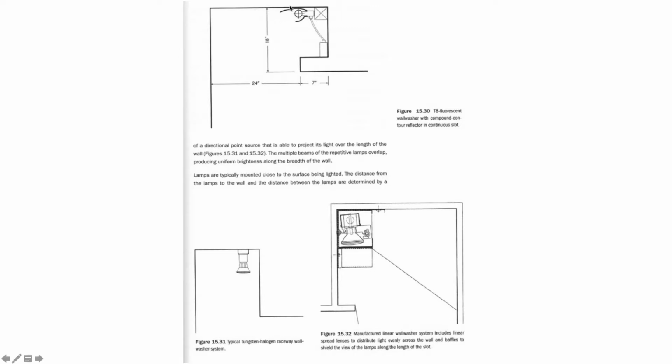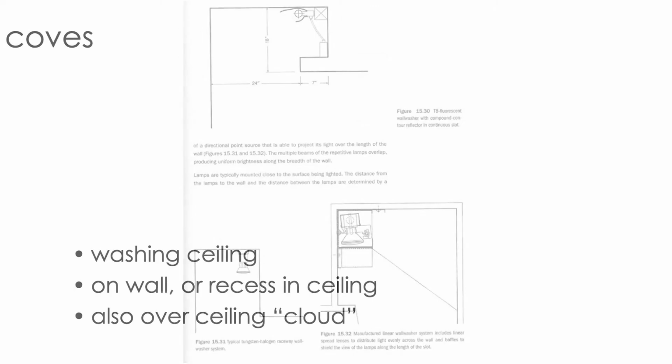This is a very complicated fixture which has the advantage of throwing light a really long way. But even in arrangements like this, a linear strip has PAR lamps screwed into it. The PAR lamps are going to have much more throw than any other light source, and that's going to get you a really nice light effect as well.